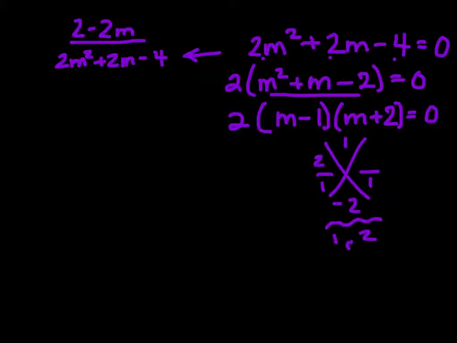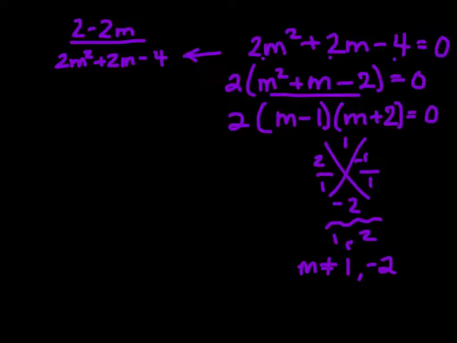We have 2 and 1 as our only two factors, and we have a positive m, so our negative is going to go with our 1. So we found our factors. That means m cannot equal 1 or negative 2, so we're going to add that into our final answer when we finish it all up.